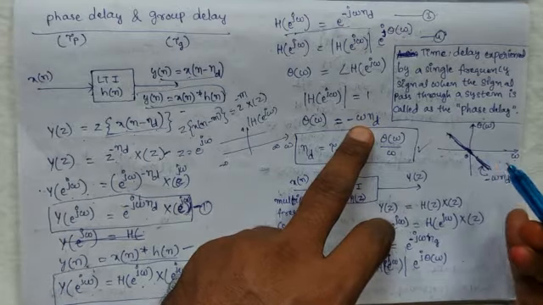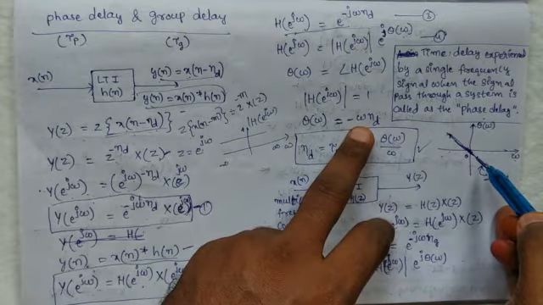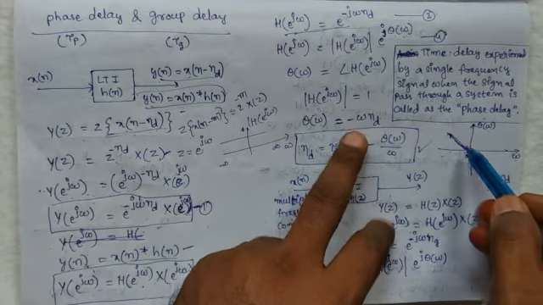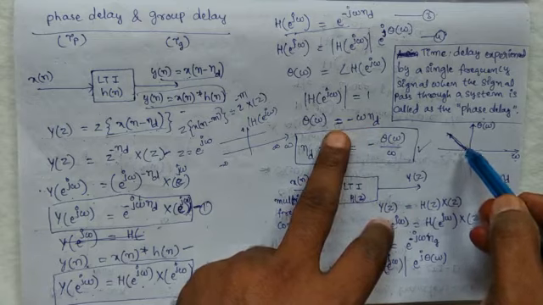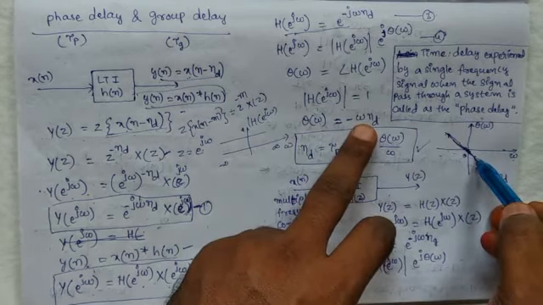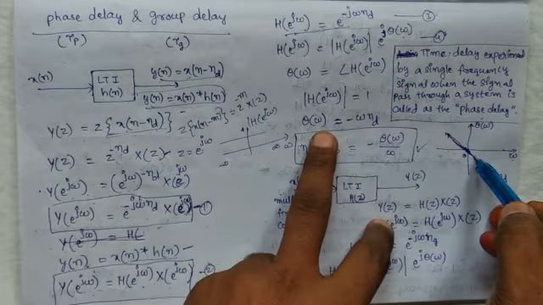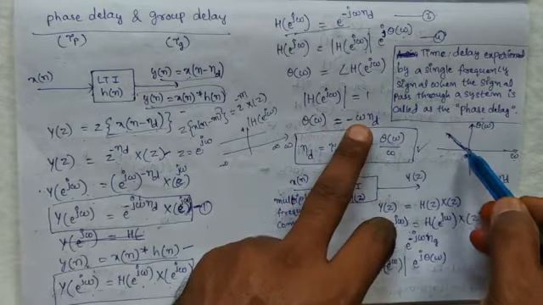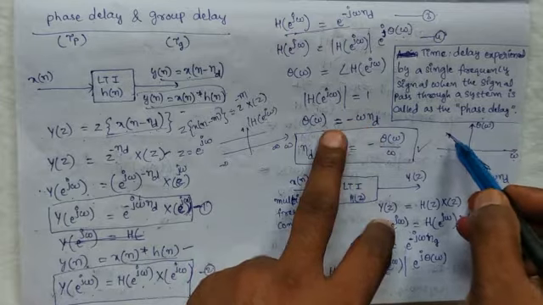So for positive values of omega, theta of omega is negative, and for negative values of omega, theta of omega is positive.